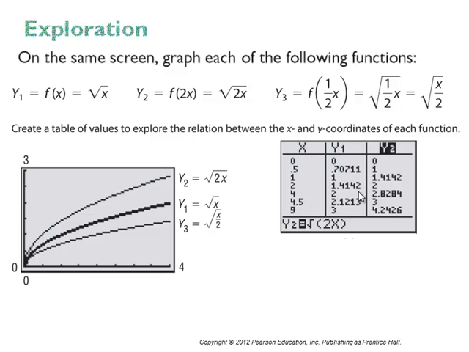But the relationship between vertical and horizontal is kind of flip-flop for compression and stretching. For the vertical stretch, you're multiplying the function by a number greater than 1, but for the horizontal compression, you're multiplying x by a number greater than 1, and then vice versa for multiplying by a number between 0 and 1 for compression versus stretches.